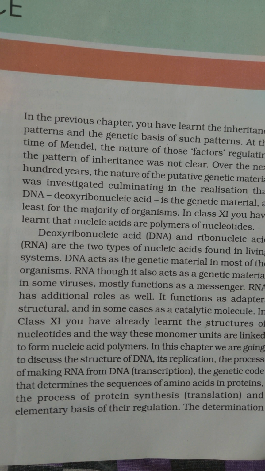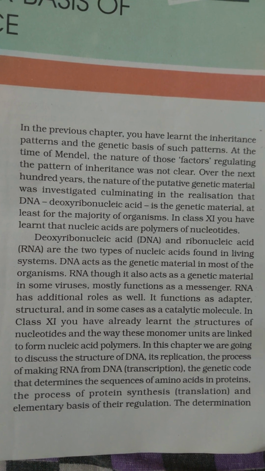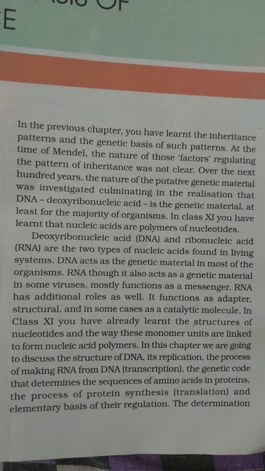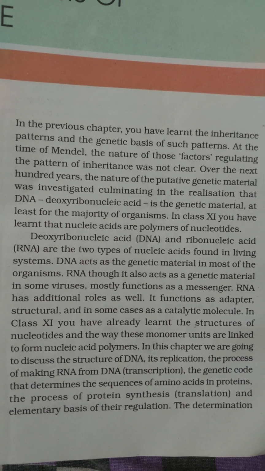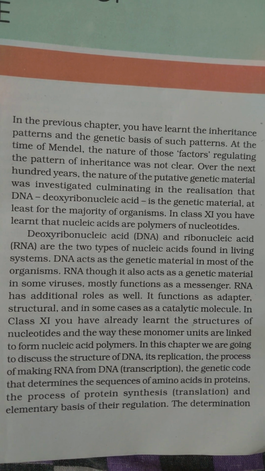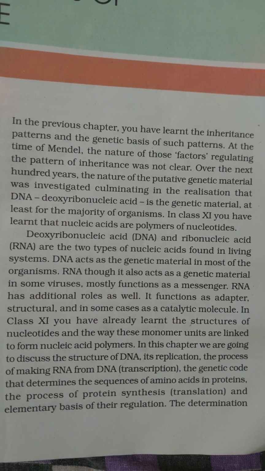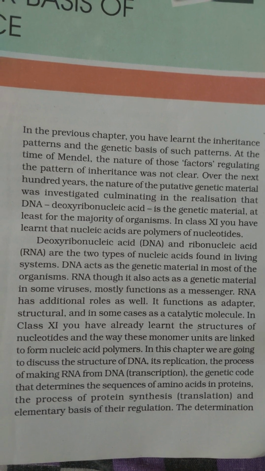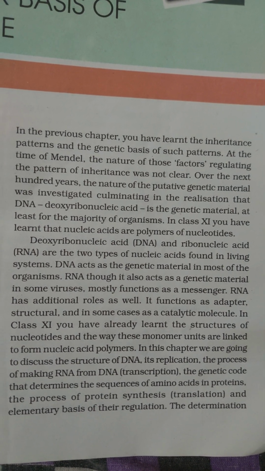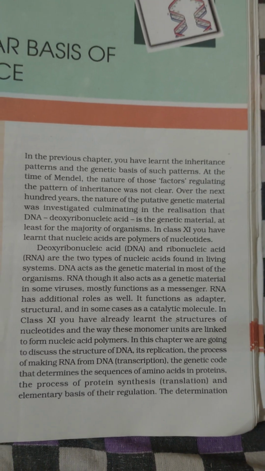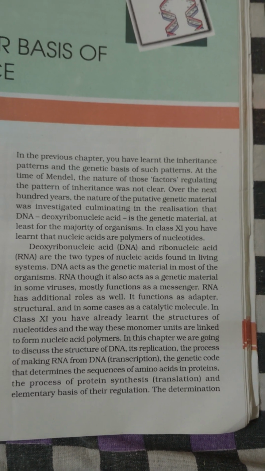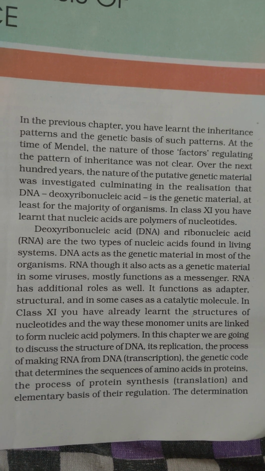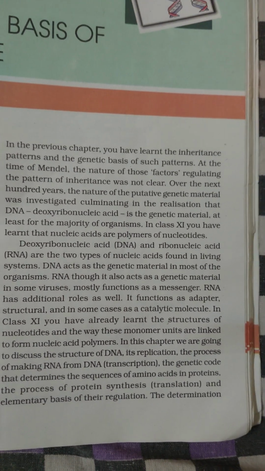In class 11, you have already learned the structures of nucleotides and the way these monomer units are linked to form nucleic acid polymers. In this chapter, we are going to discuss the structure of DNA, its replication, the process of making RNA from DNA, transcription, the genetic code that determines the sequence of amino acids in proteins, the process of protein synthesis, translation, and the elementary basis of their regulation.